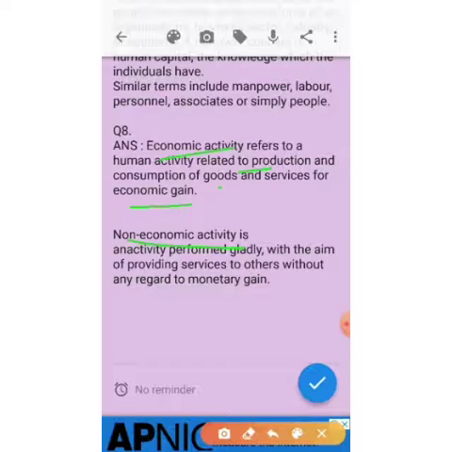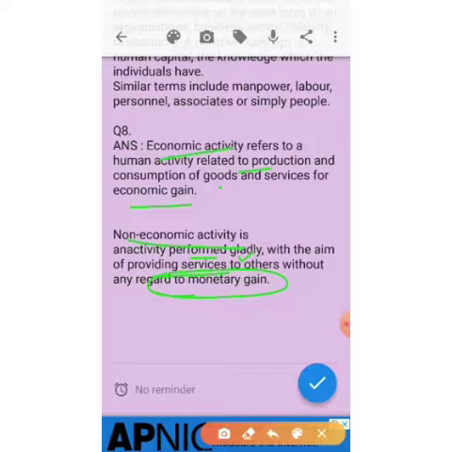And now see, a non-economic activity is an activity performed gladly with the aim of providing services to others without any regard of monetary gain.